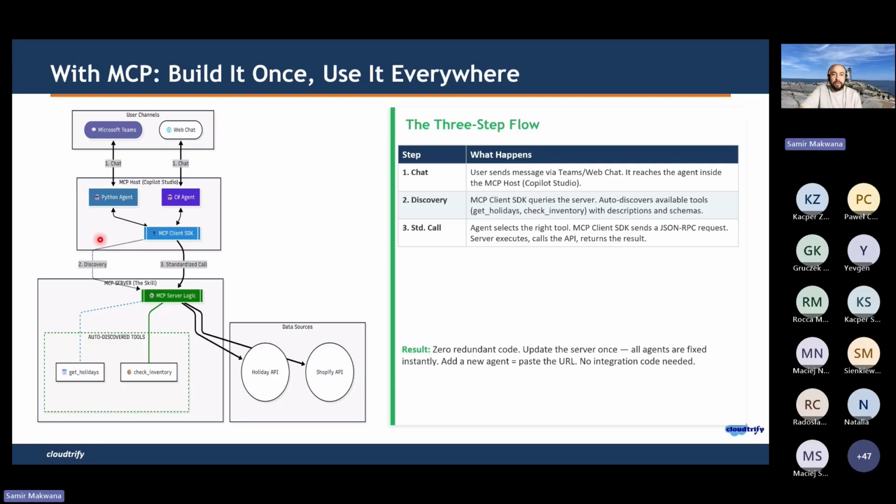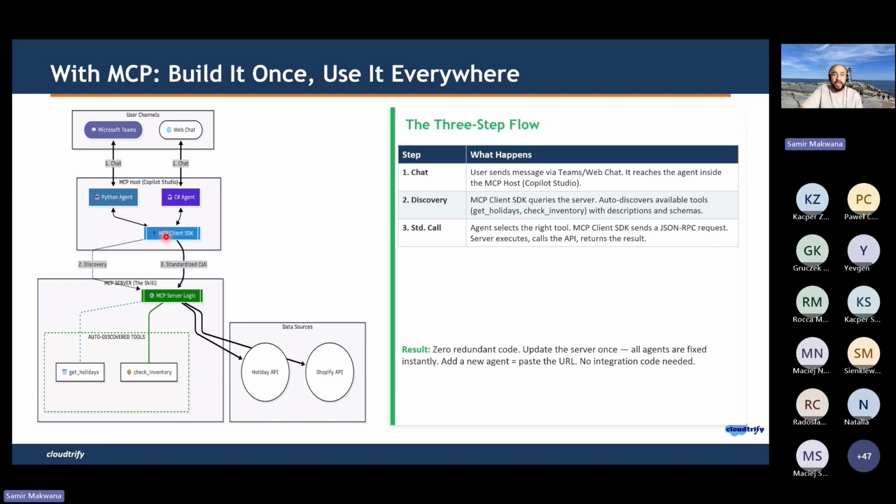The code which earlier lived within the agent or the host, under Copilot Studio, has now moved under the MCP server, like get holidays and check inventory, so that when any user reaches out to the agent asking for holiday details, it knows where to go and check if there is any tool available to answer that.